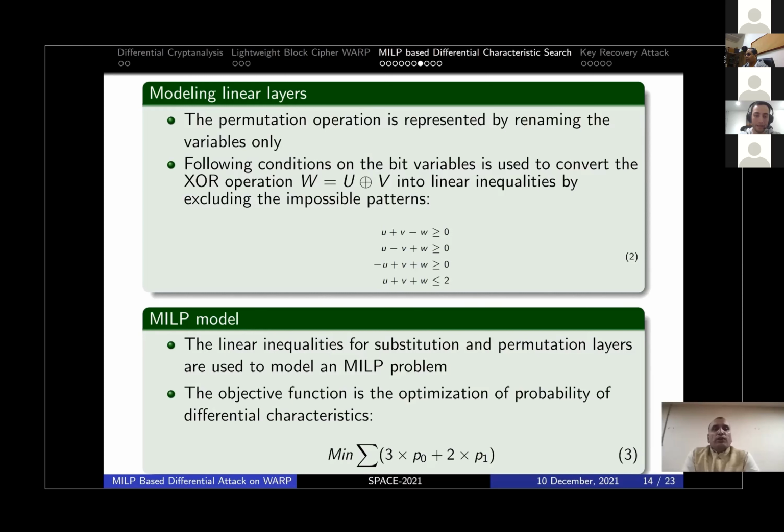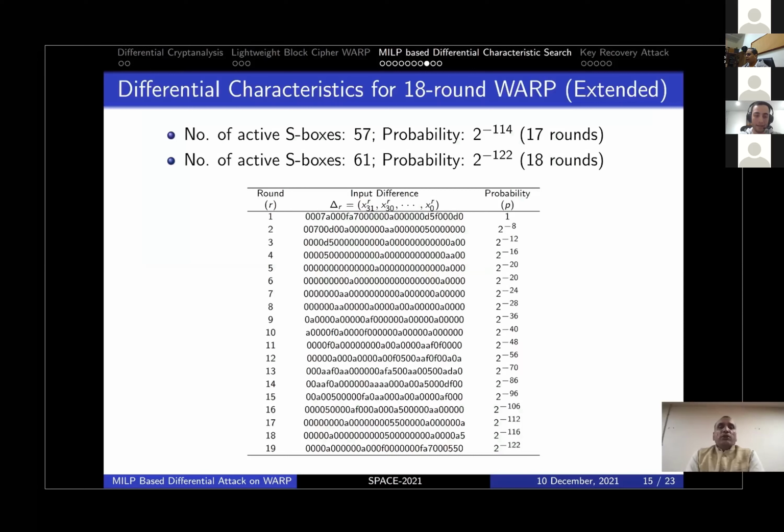Now solving this MILP model using Gurobi, we construct the 18-round differential characteristic by extending a 17-round differential characteristic. First we form a 17-round MILP problem and solve it, and we get a differential characteristic with 57 active S-boxes and probability of 2 to the power minus 114.